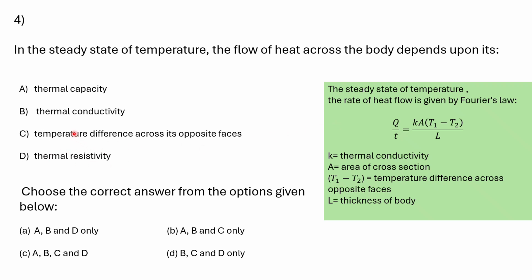So in the steady state of temperature, the flow of heat across the body depends upon its thermal conductivity, temperature difference across its opposite faces, and thermal resistivity. That is B, C, and D. So option D is the right answer.